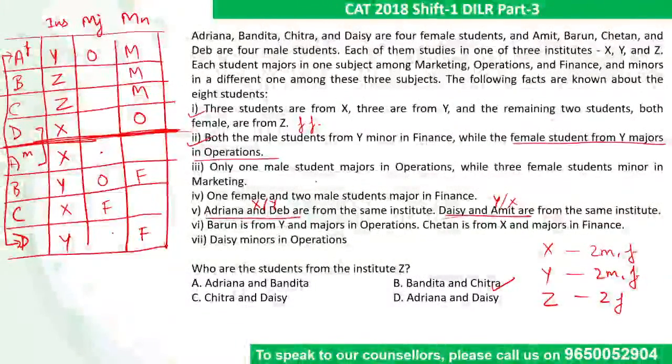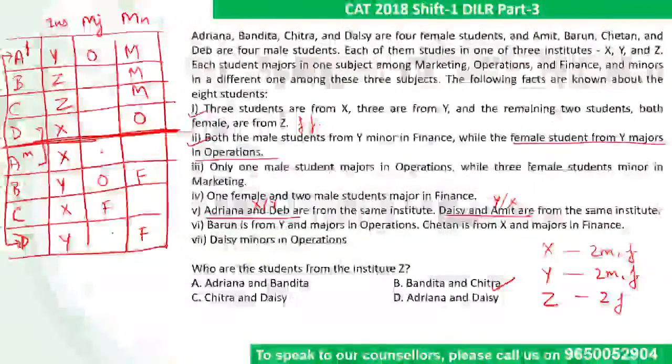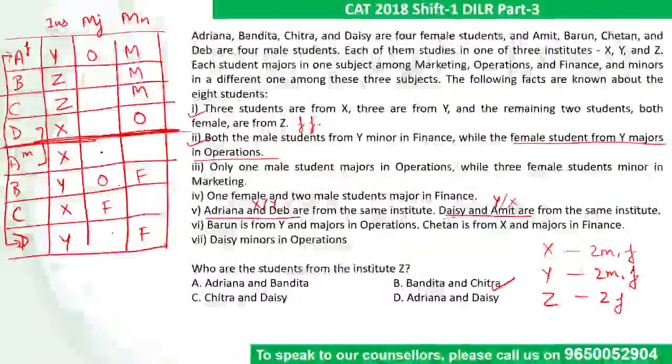Only one male student majors in operations. This is correct. While three female students minor in marketing, that is also filled. One female and two male students major in finance, so two male students. Now this person cannot major in finance, so this person majors in finance. This we have already filled.